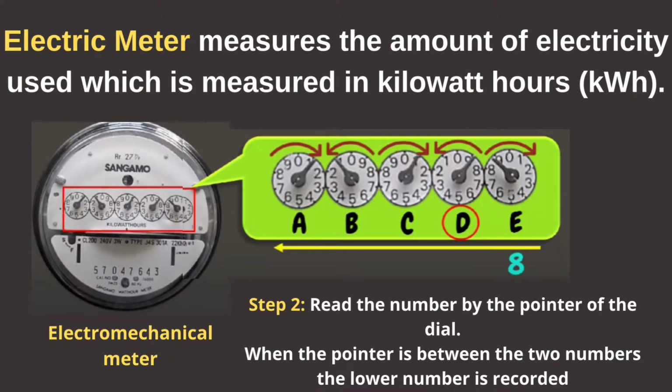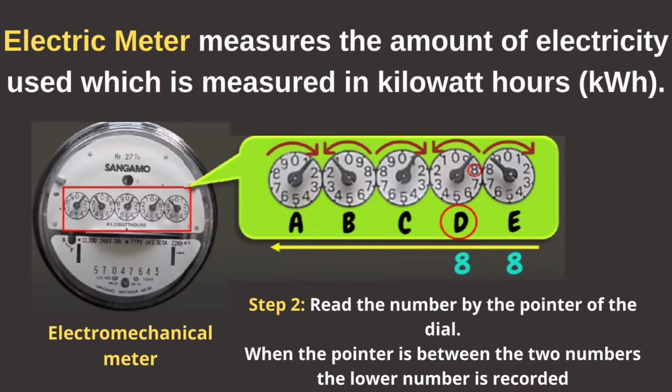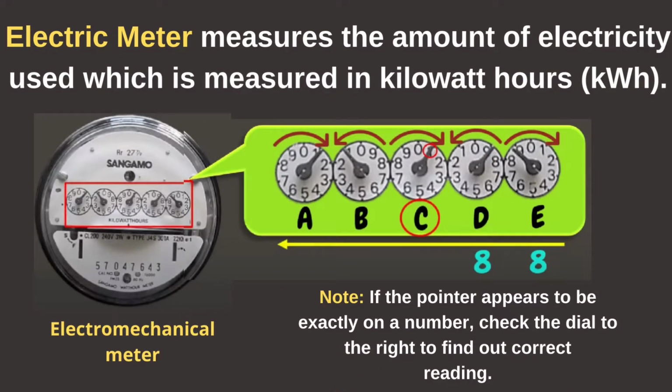Next, in dial D, we can see again that the pointer points between 8 and 9. Therefore, the dial would be 8, since it is the smaller one. Next, in dial C, we can see that the pointer points exactly at 1.